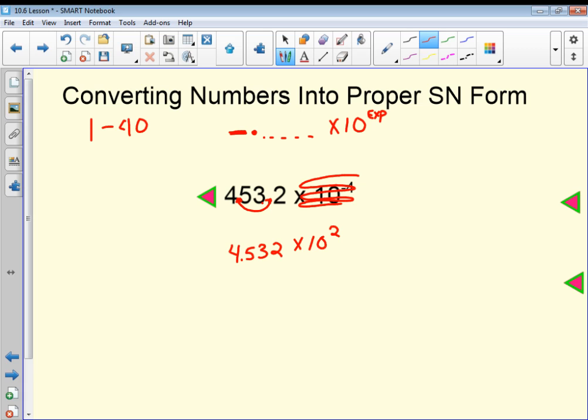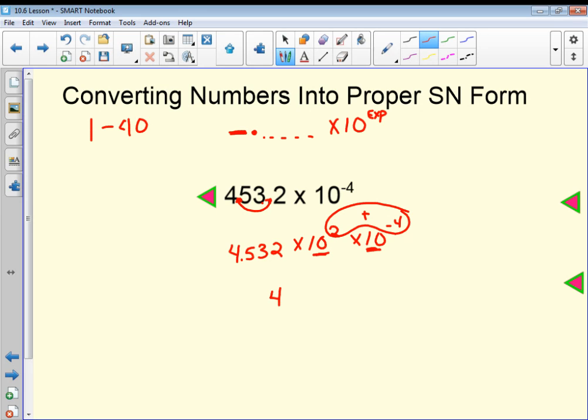Now, here's what you have to realize. We're now going to put this original back onto the end. So we're just going to write times 10 to the negative 4. Now, going back to the beginning of the chapter, what would happen when we had the same base number and we were multiplying the exponents? Do you remember? We would add them.